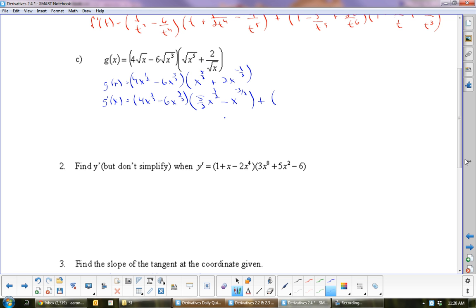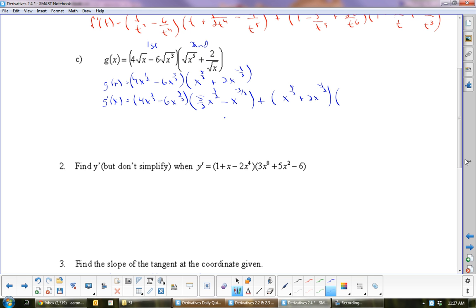So we'll go second, which is x to the 5 over 2 plus 2x to the negative a half, times the derivative of the first. And if you want, you can always write first and second up here to keep things straight.